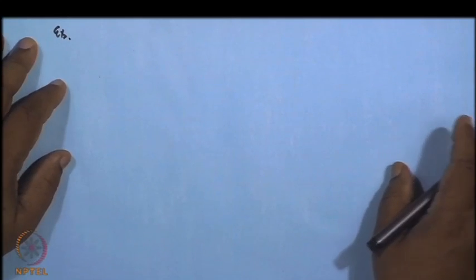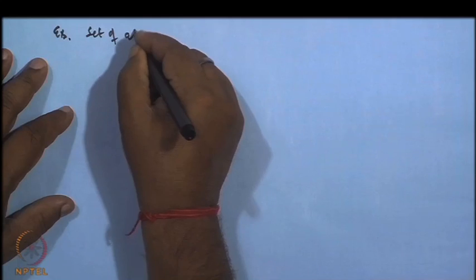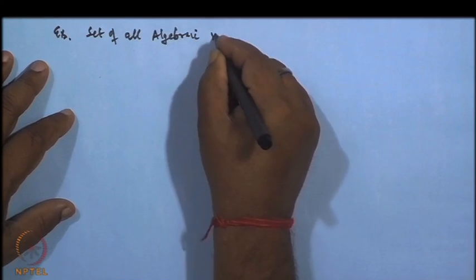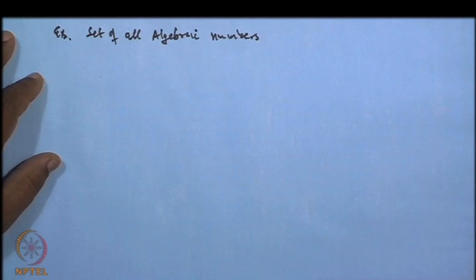Now, we will just give an example, but we will show it later. Exercise, which we will prove now: the set of all algebraic numbers is a countable set.